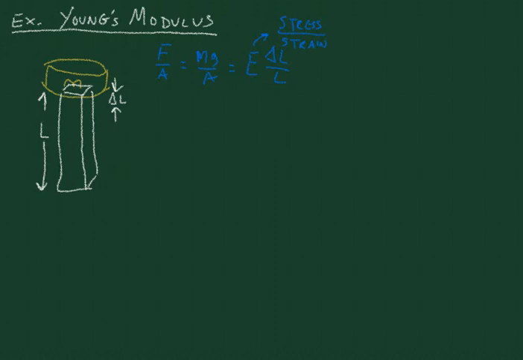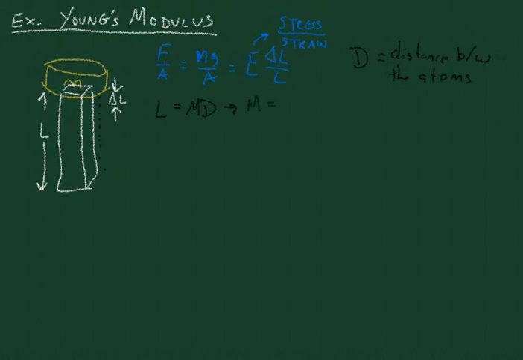Let's define D, capital D, as the distance between the atoms in the rod. Then we see that L is going to equal M, the number of atoms stacked on top of each other, times d, the distance between them.